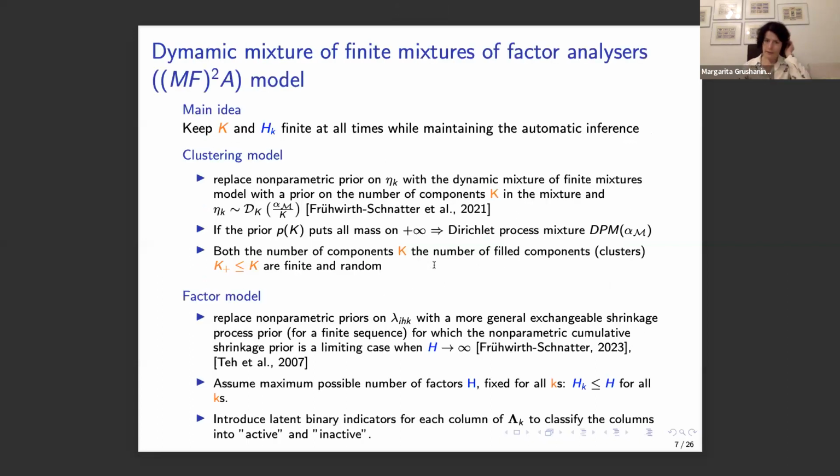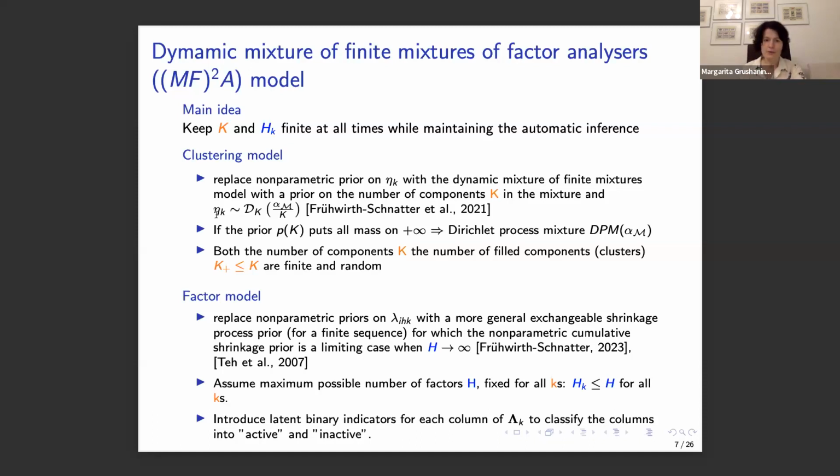So the idea which we had was to keep the number of clusters k and the number of factors h finite at all times, but still maintain automatic inference on both parameters. So how did we do it? We decided to replace the non-parametric prior on the cluster weights with the dynamic mixture of finite mixtures model, which is a mixture model with a prior on the number of components k.